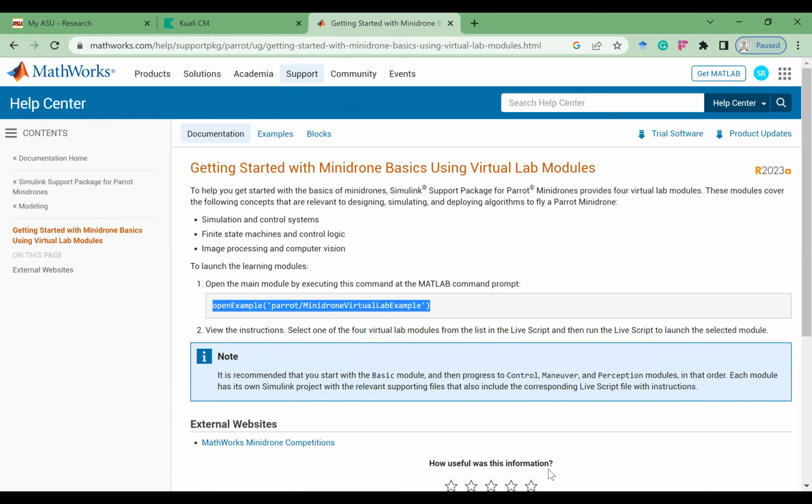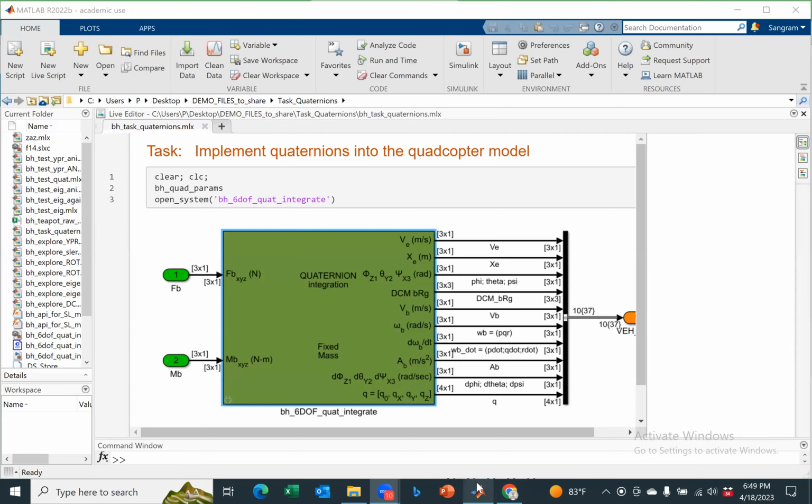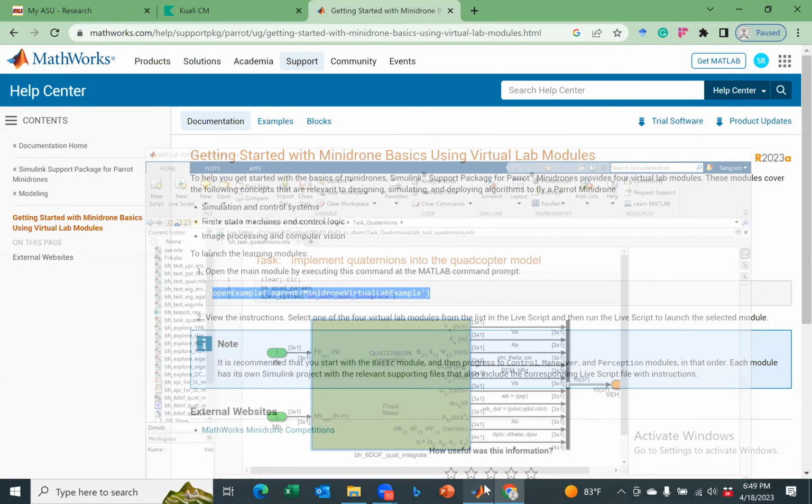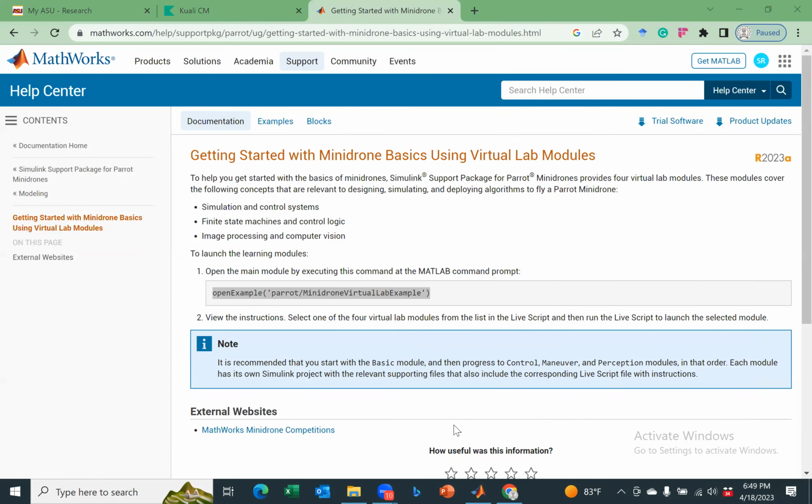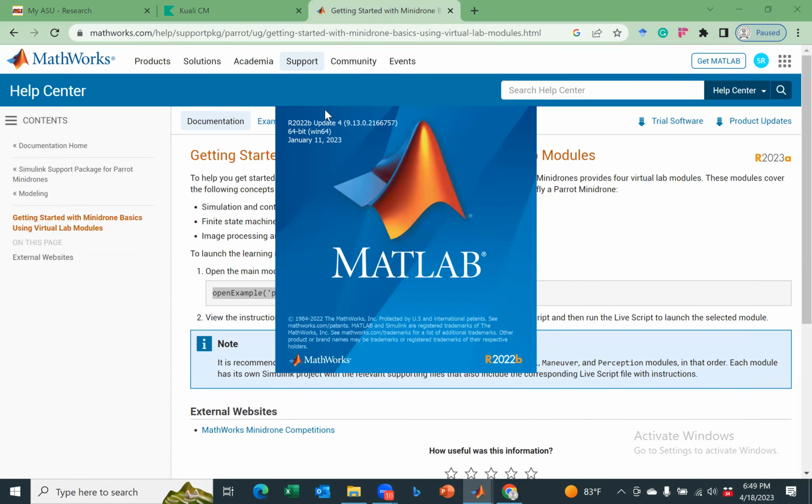So you can copy this, and I don't know if I'm sharing my whole screen, bear with me. And then go to the MATLAB prompt and run this.